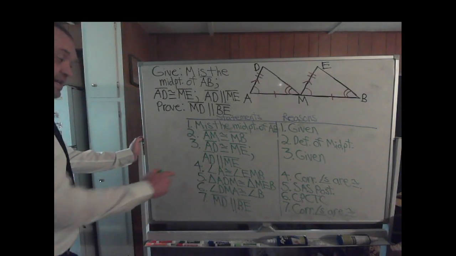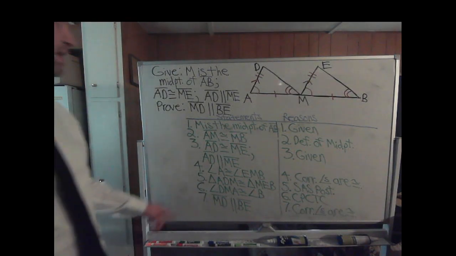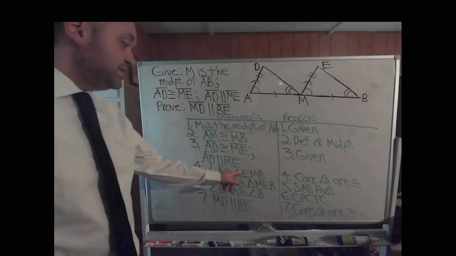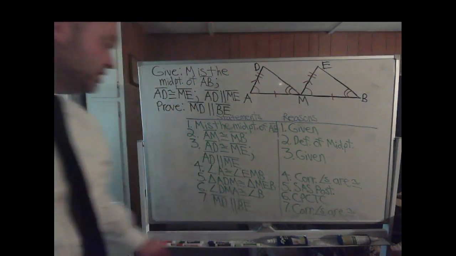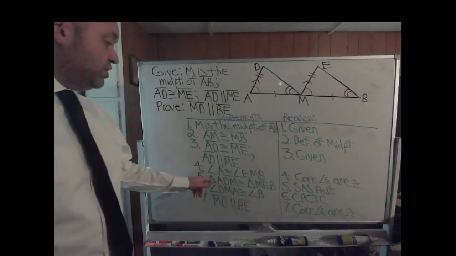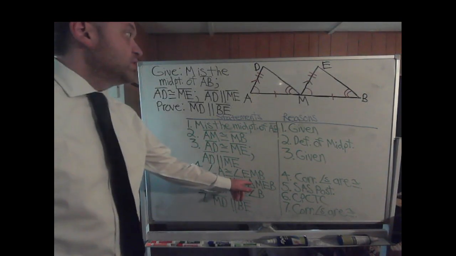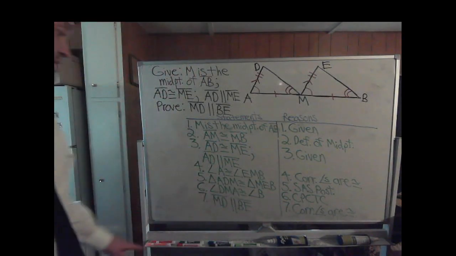But with AD being parallel to ME, there is something we can do with that. That allowed us to conclude that angle A is congruent to angle EMB by the fact that corresponding angles are congruent. Which then led us to conclude that triangle ADM is congruent to triangle MEB by the side angle side postulate.